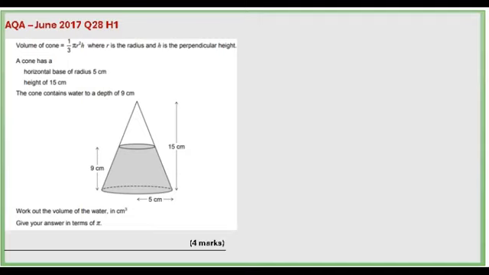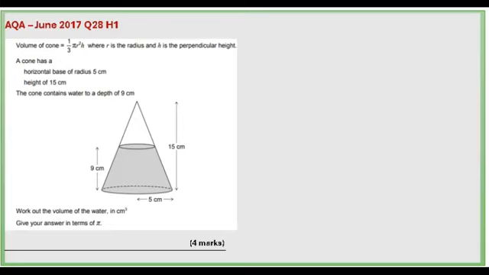So what we have here is a big cone, and on top of it we have a small cone. You want to find only the part from the bottom up, that volume which is filled with water.